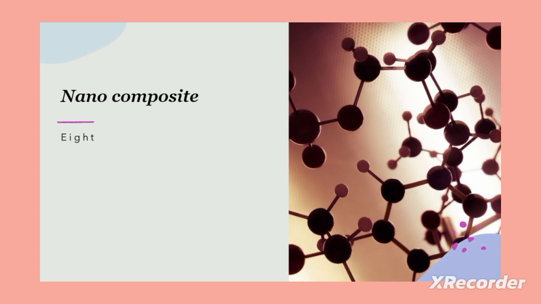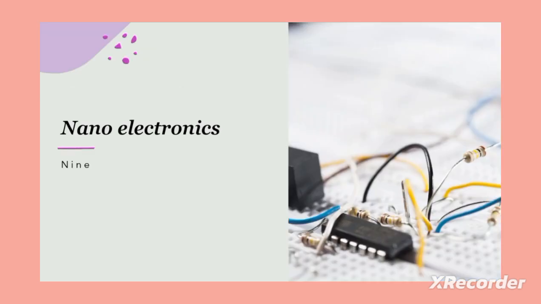Nanocomposites often exhibit enhanced mechanical properties, enhanced thermal properties, and varying electrical properties. And then comes point number nine, and that is nanoelectronics. Nanoscale science has revolutionized electronics by enabling the fabrication of nanoelectronic devices such as nanotransistors and quantum dots, which can lead to faster, smaller, and more energy efficient electronics.